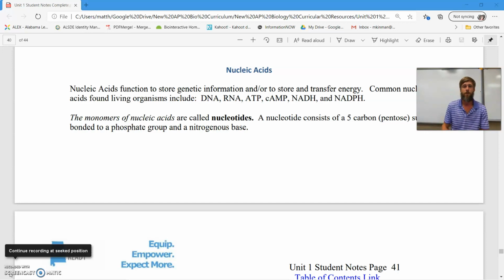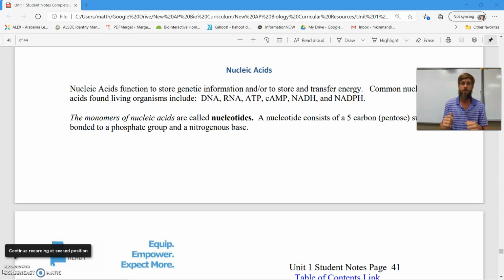All right. So next, proteins. So a question for proteins would be, what is the monomer that makes up a protein? Right, an amino acid. What are the two ends of the amino acids called? On one end, you have the amine group. On the other end, you have the carboxyl group.